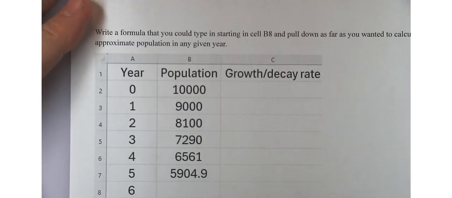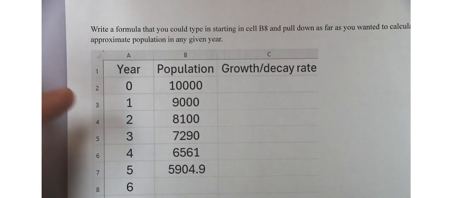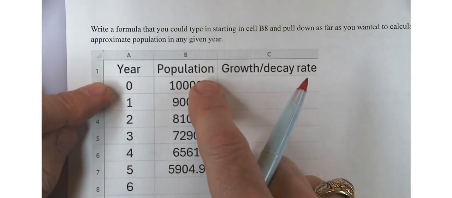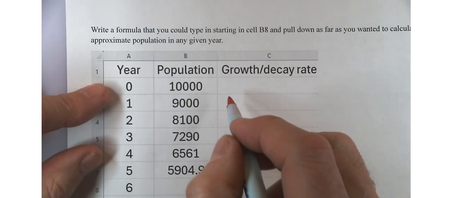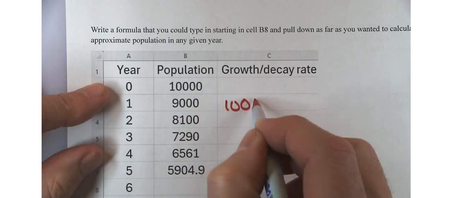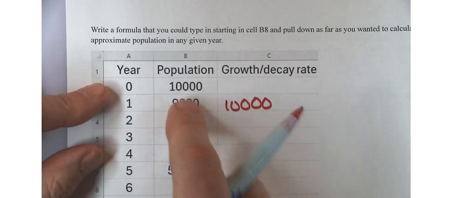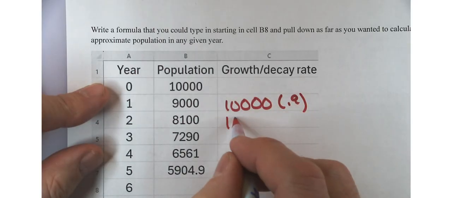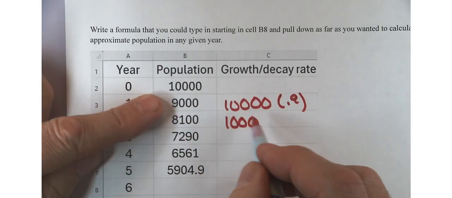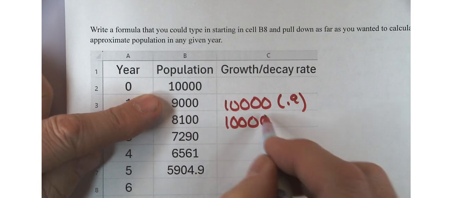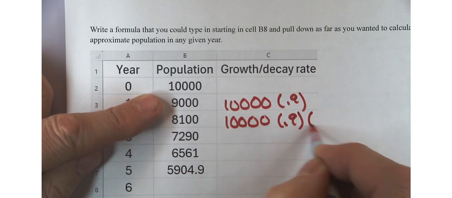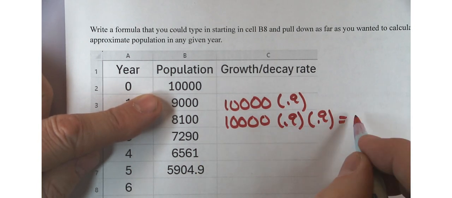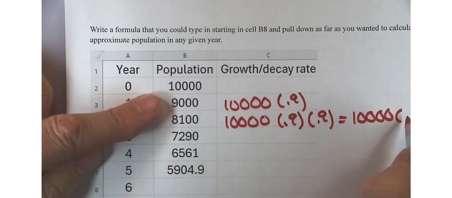You could actually work with the original population, and this is going to be 10,000. I'm just showing you the pattern here. This is going to be 10,000 times 0.9. And then to get from here to here, I'm going to multiply by 0.9 again, which gives me 10,000 times 0.9 squared.